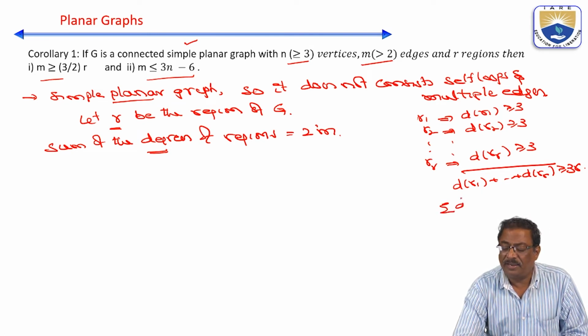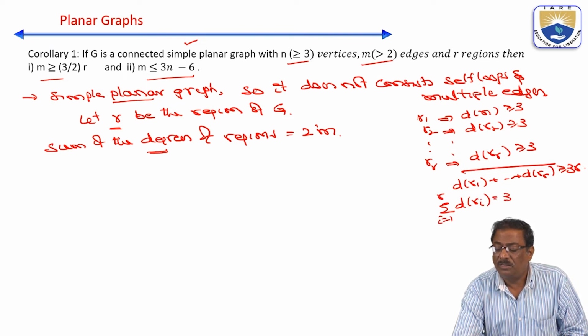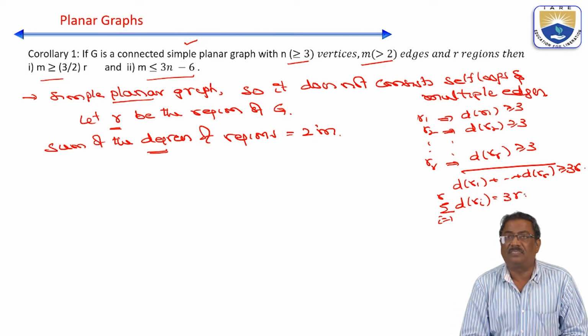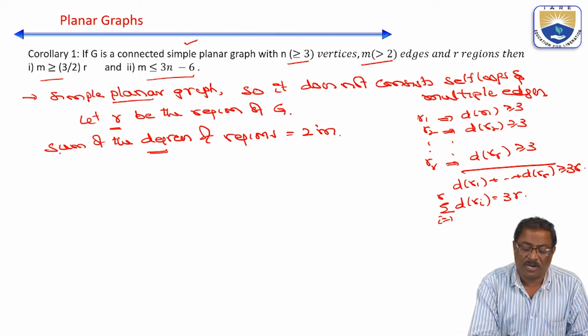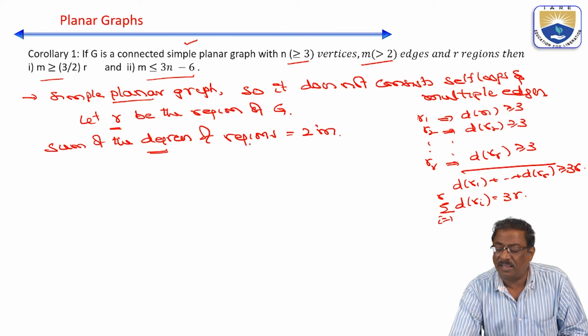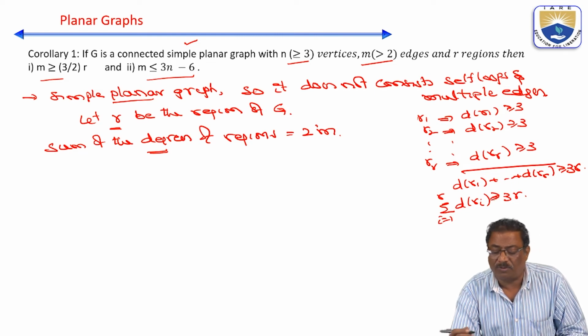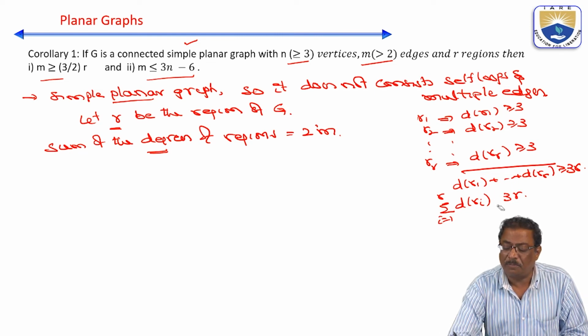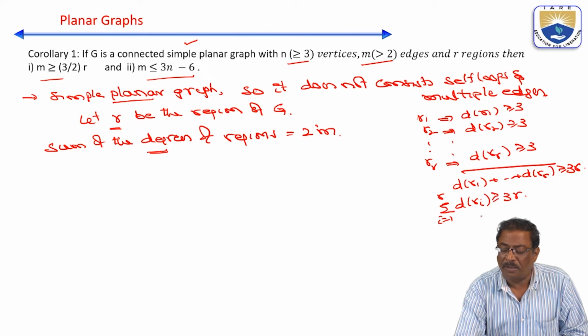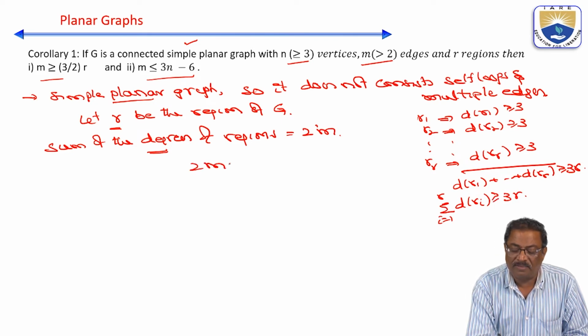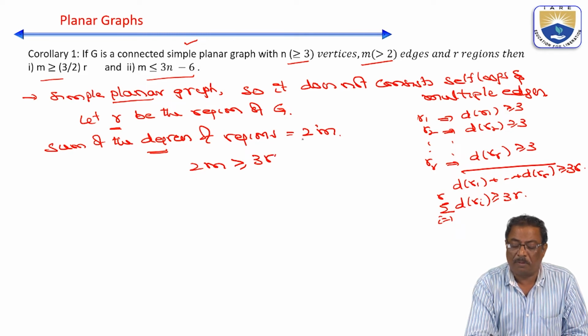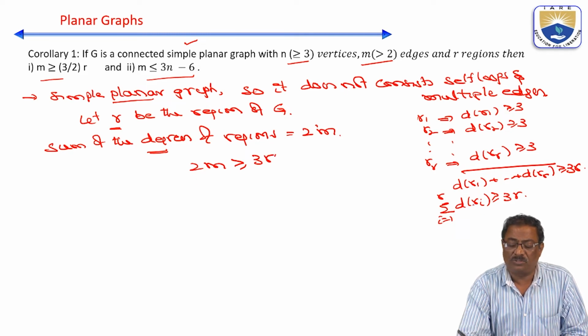So the sum of degree of Ri, i equals 1 to r, is greater than or equal to 3r. Which I am going to write as 2m is greater than or equal to 3r.